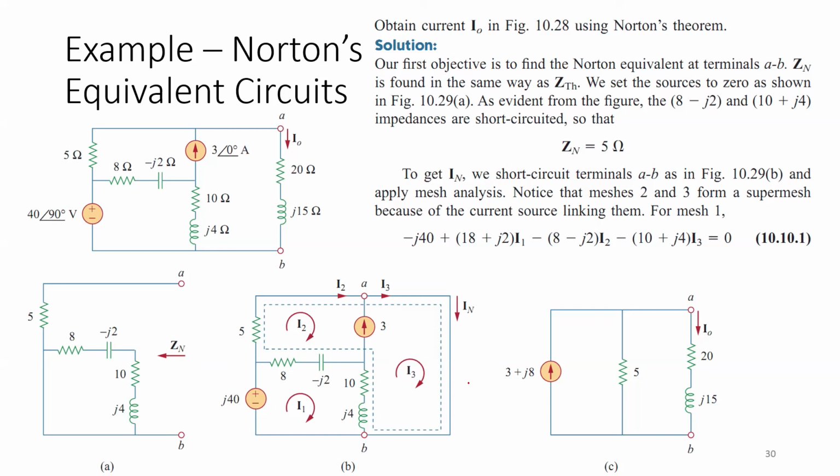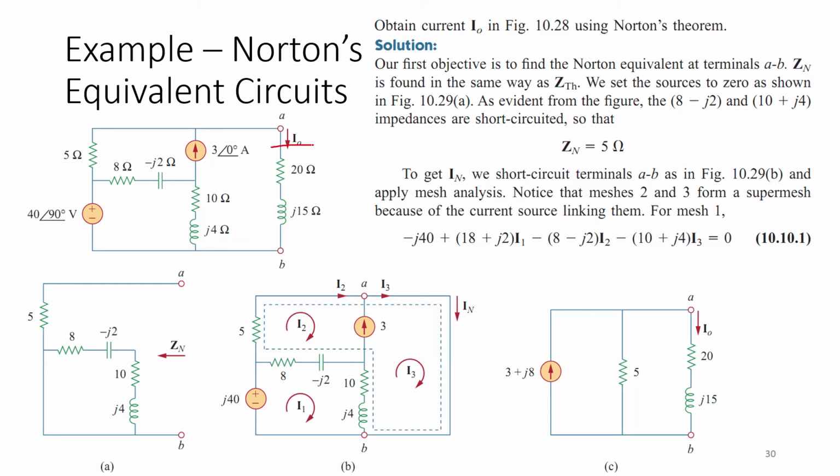Moving on to the Norton equivalent circuit, as we have already mentioned, we can simplify this calculation by finding the Thevenin equivalent and then converting the same circuit by source transformation into the Norton equivalent circuit. This is the easiest possible method to solve these types of circuits. So here what we do is that we need to find the current I naught.